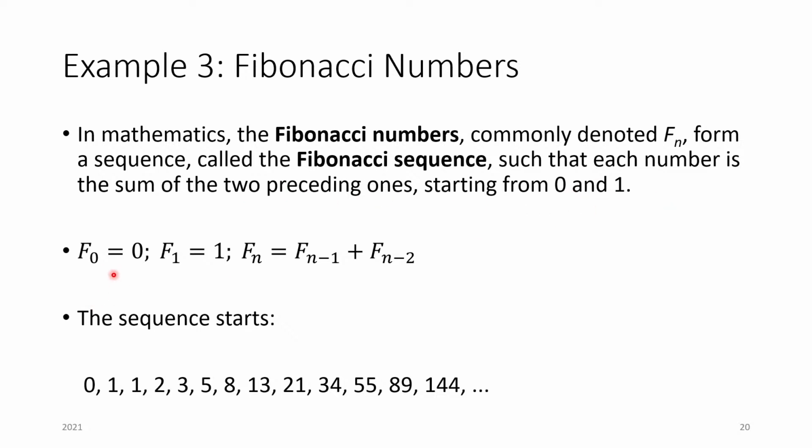So the first Fibonacci number is going to be 0, the second Fibonacci number is going to be 1, and the Fibonacci formula is that f of n is equal to f of n minus 1 plus f of n minus 2. We can observe this by using any two pairs of values.